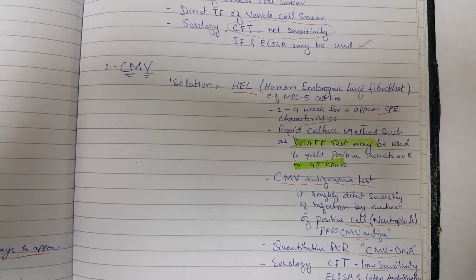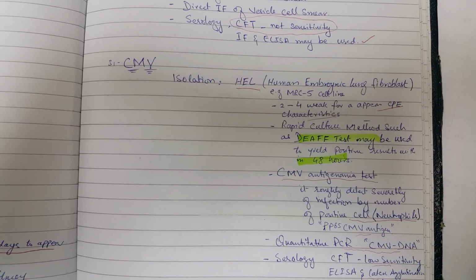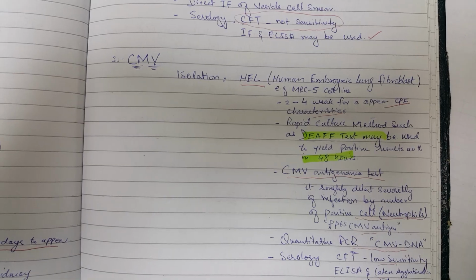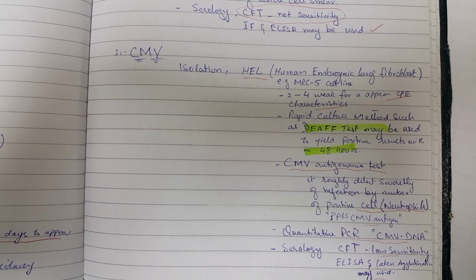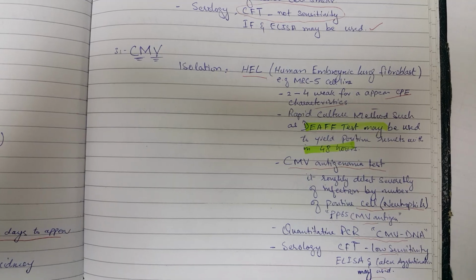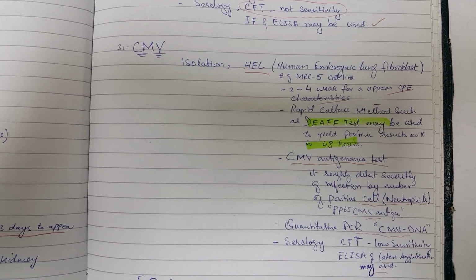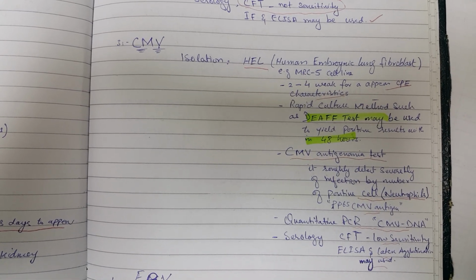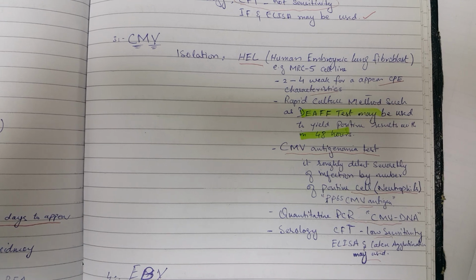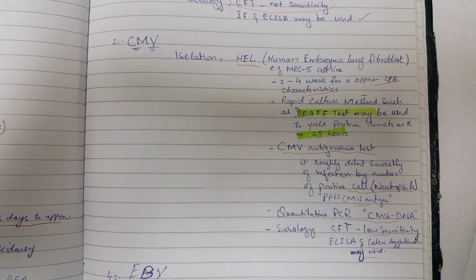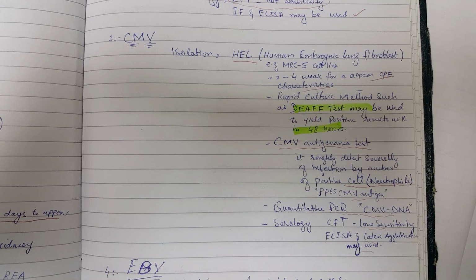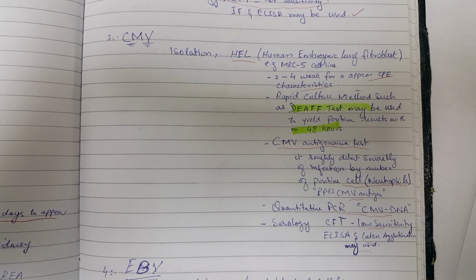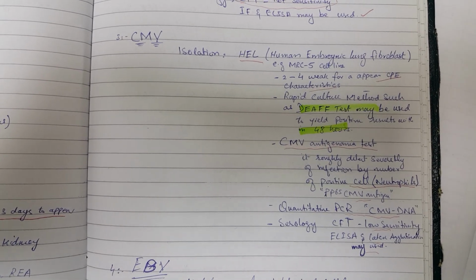The cytomegalovirus antigenemia test roughly detects severe infection by the number of positive neutrophils for pp65 cytomegalovirus antigen. Quantitative PCR for CMV DNA can be used, and serology by complement fixation test again has very low sensitivity. ELISA and latex agglutination may be used in the case of cytomegaloviruses.